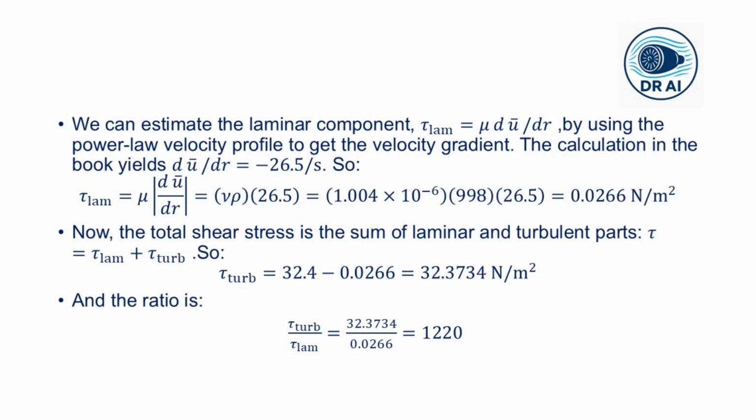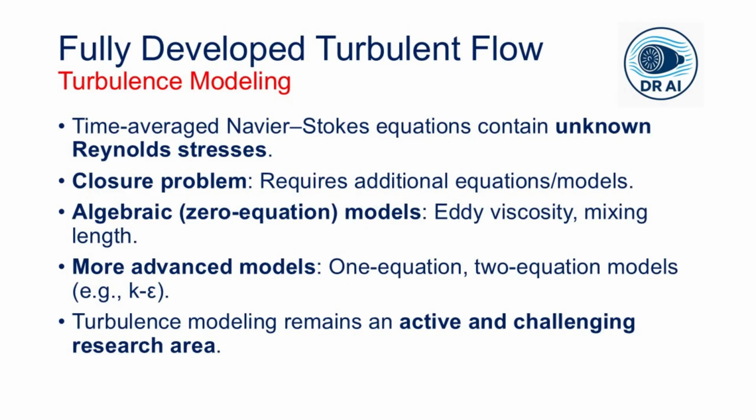This one number captures the entire reason why turbulent flow is so different, why it mixes so well, and why it creates so much more resistance. Now, coming to turbulence modeling and chaos, you might be wondering: if we cannot solve for turbulence exactly, and if the eddy viscosity is not a constant, how do engineers actually design things?